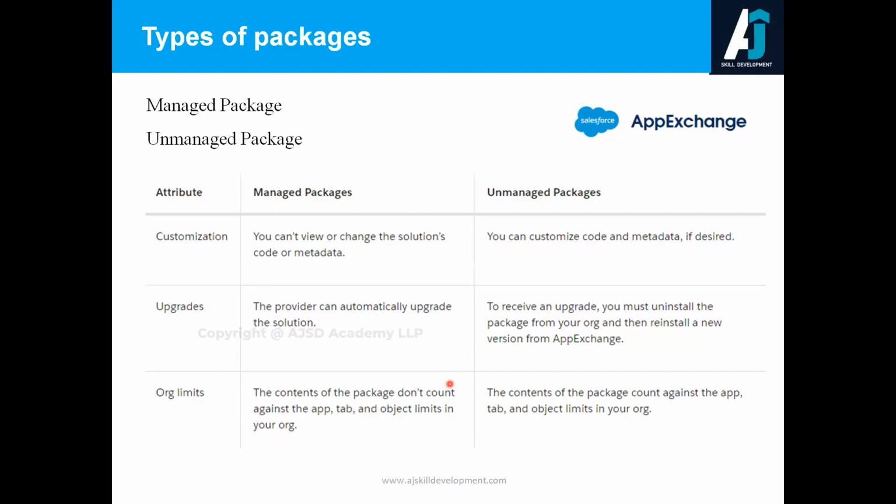So this is what org level limits are, as far as managed and unmanaged packages. Whatever application or solution you are getting from your AppExchange will be distributed into your org in one of these two formats, either the managed package format or the unmanaged package format.